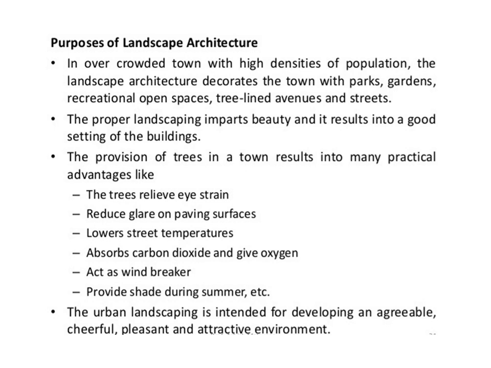The provision of trees in a town results in many practical advantages. Trees relieve eye strain, reduce glare on paving surfaces, lower street temperature, absorb carbon dioxide and give oxygen, act as windbreaker, provide shade during summer, etc. The urban landscaping is intended for developing an agreeable, cheerful, pleasant and attractive environment.